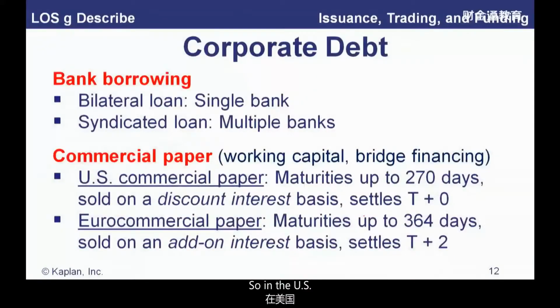So in the U.S., commercial paper has maturities up to 270 days, and the reason for that is that if they have maturities longer than 270 days, then they have to register the issue with the Securities and Exchange Commission. But if they keep the maturity short enough, 270 days or less, then they don't have to go through that registration process with the SEC.